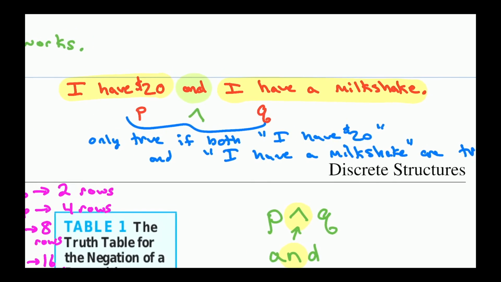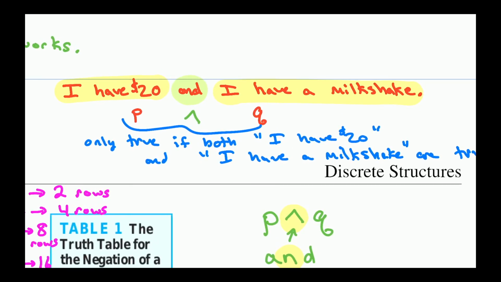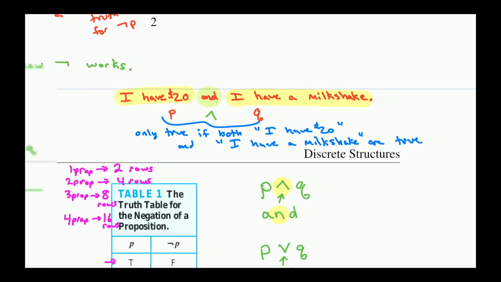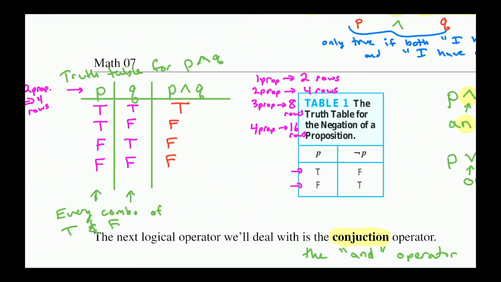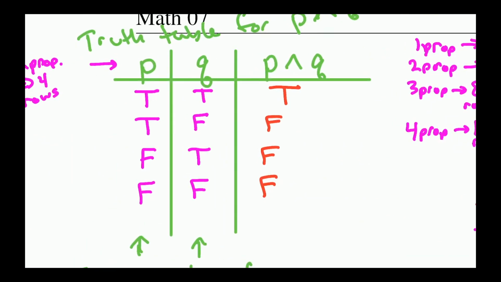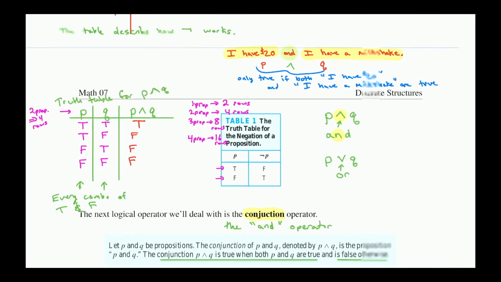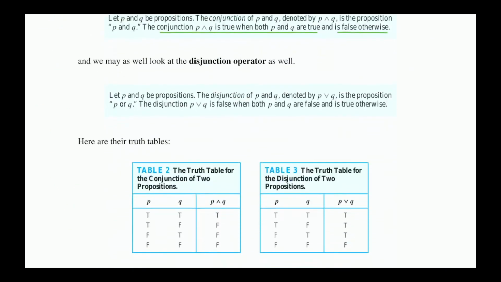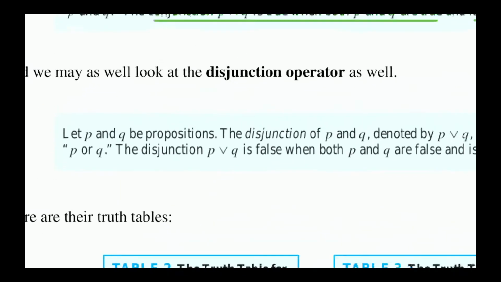That's how conjunction works. That's how and works. So if you say A and B, both need to be true for that to be true. And that's what this truth table shows. P and Q have to be true in order for P and Q to be true. That's and.